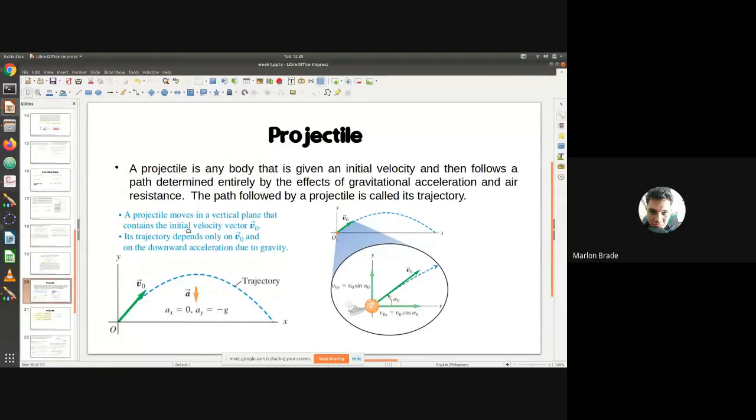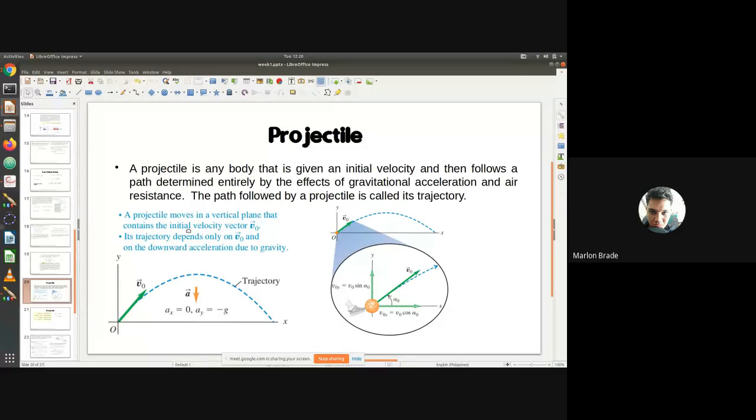In a projectile, the acceleration along x is equal to 0 and the acceleration along y is the same as free fall, which is equal to negative g. So in the case of a projectile, this is a two-dimensional motion. Before, we discussed motion along the x-axis and free-falling motion, which are both one-dimensional.